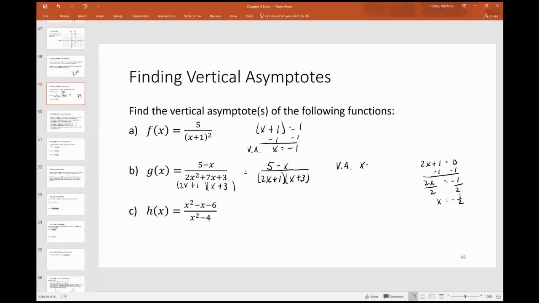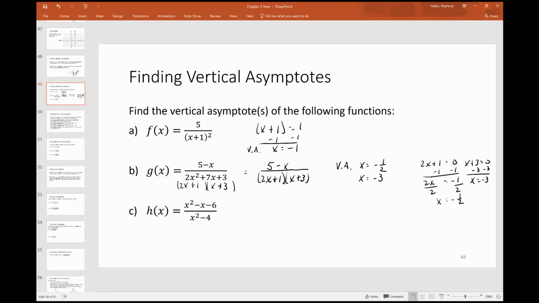Right, so there's our first one. We have another one because then we have a second factor there when x plus 3 equals 0. Solving for x there, we can see that x equals -3 is our second vertical asymptote.